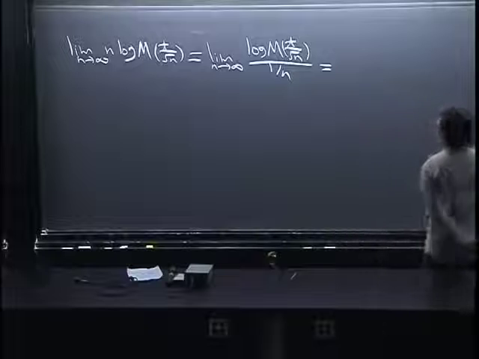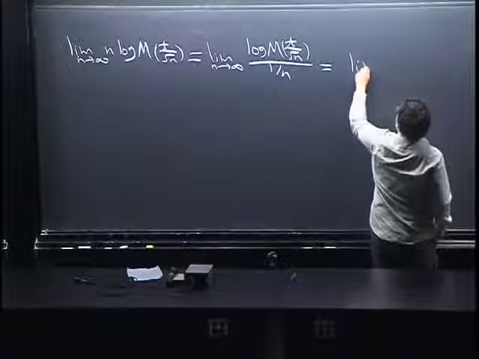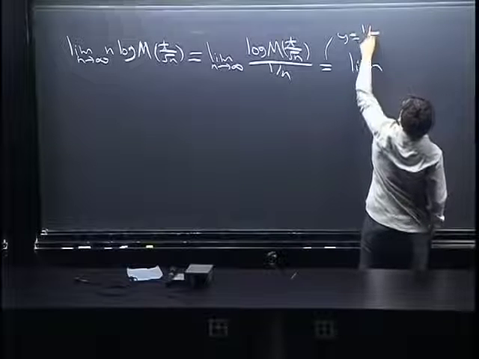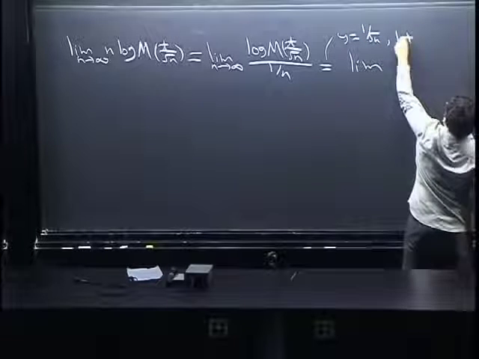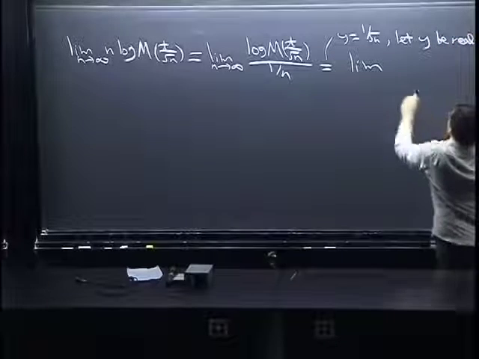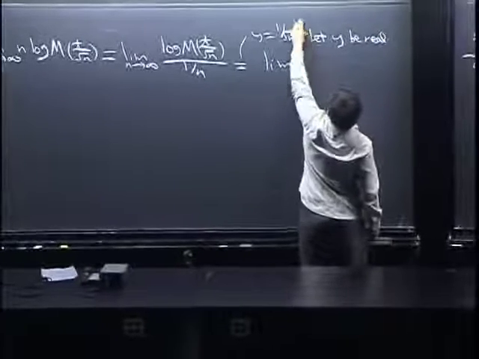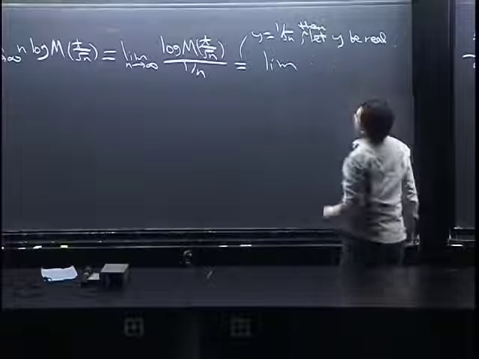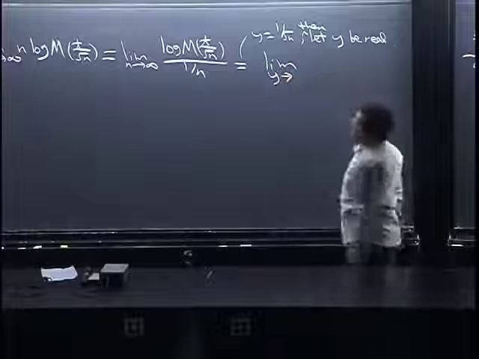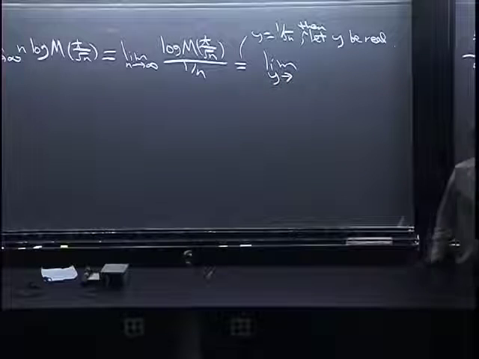So let's first make a change of variables. Let y equal 1 over root n, and also let y be real, not necessarily of the form 1 over square root of an integer. Okay, so it's the same limit, just written in terms of y instead of in terms of n.